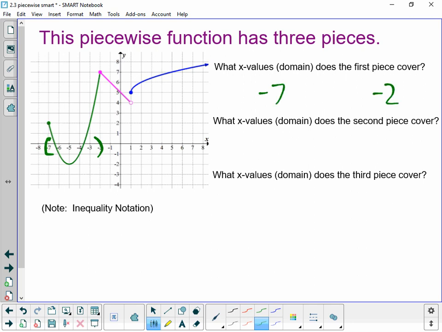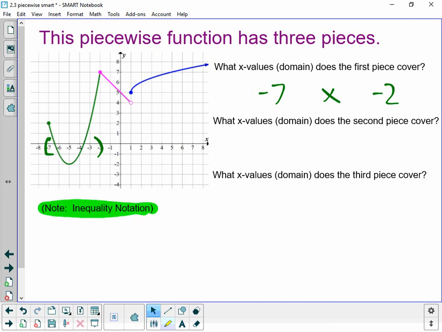Usually we'll write these in inequality notation for piecewise functions. That's the convention, to use inequality notation. So we know that it's between -7 and -2. That -7 is definitely included. It has that filled in circle at the end. On the other end, it's a little bit ambiguous because it's connected.